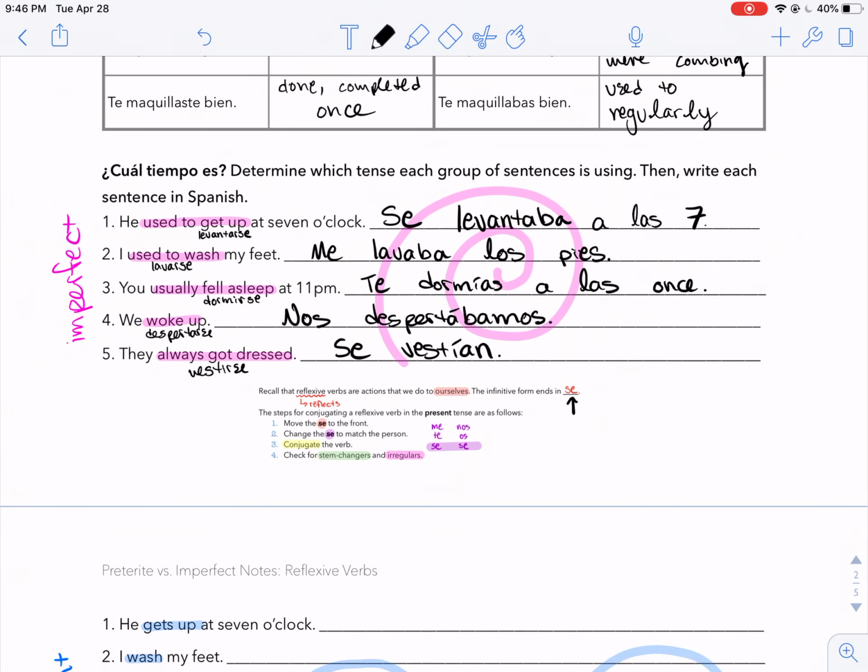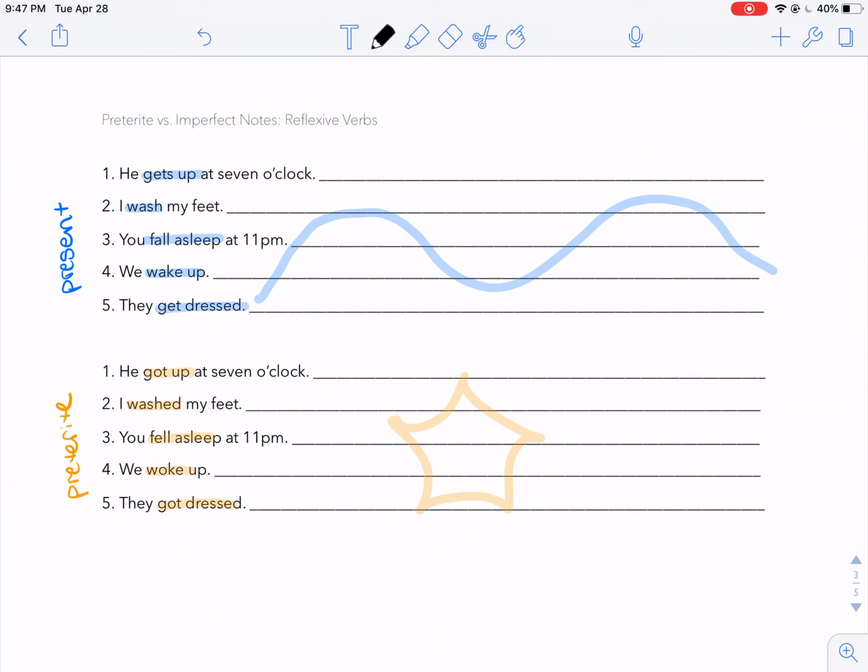Go ahead and follow those same steps and work on the present tense as well as the imperfect. As well as the preterite, and we'll see how you did. He gets up at 7. Should be se levanta a las 7. I wash my feet. Me lavo los pies.